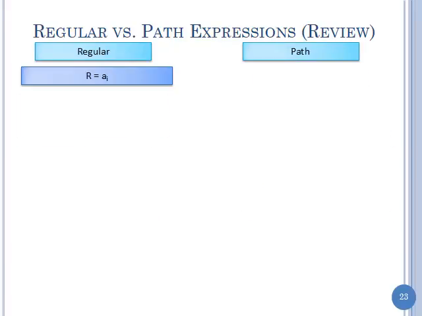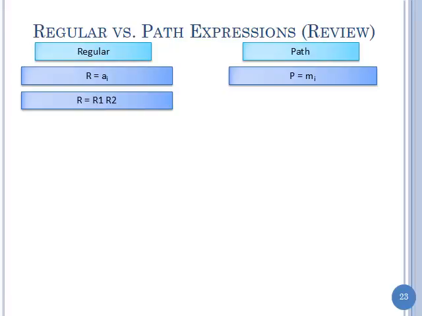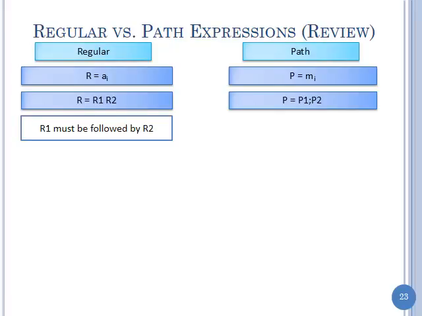Let's be a little bit more rigorous then. What's a regular expression? Any letter in the alphabet is a regular expression. Any method defined in a module is a path expression; you can say this method should be called. You can concatenate regular expressions, and you can concatenate method calls.